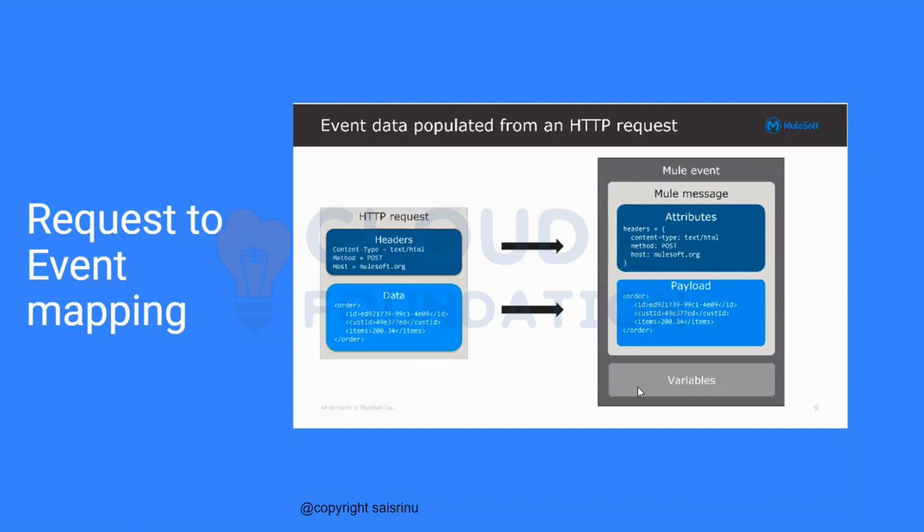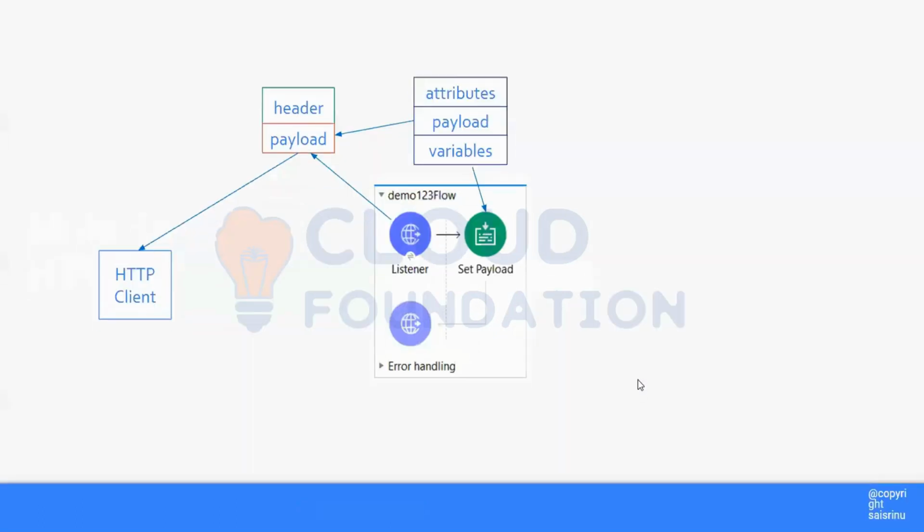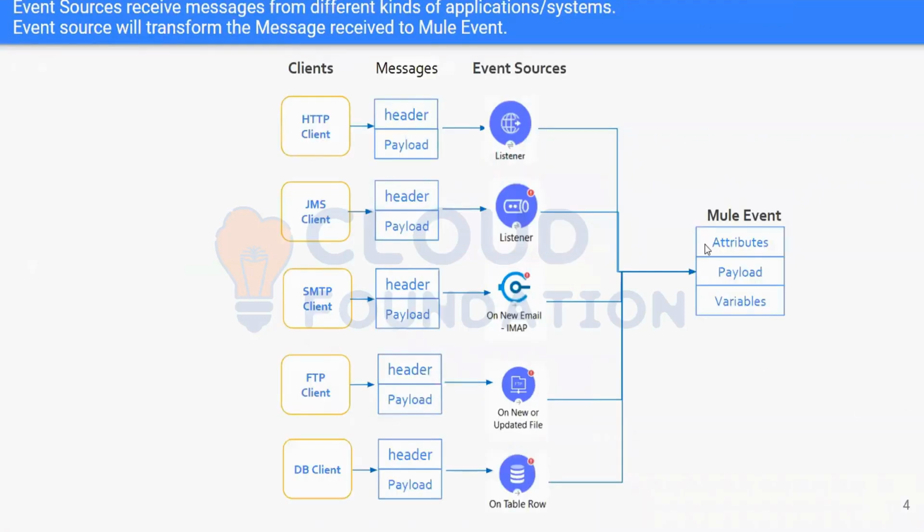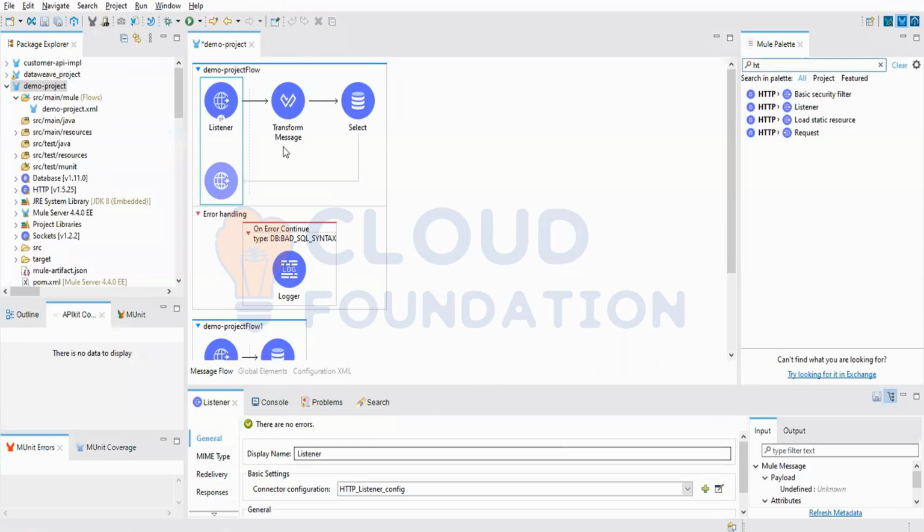Assume it's an HTTP request. A Mule event contains three parts. Let me show the Mule event. The three parts are attributes, payload, and variables. This Mule event will flow from processor to processor inside your Mule flow. Here in the Mule flow I have two processors.